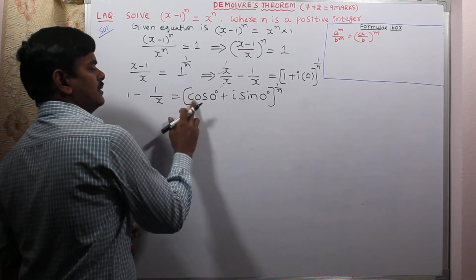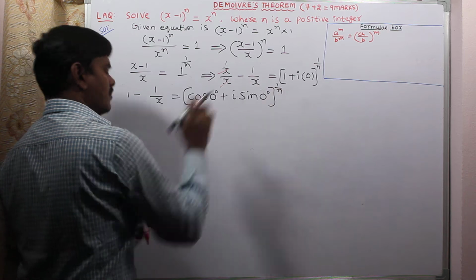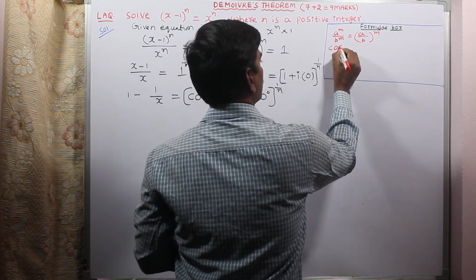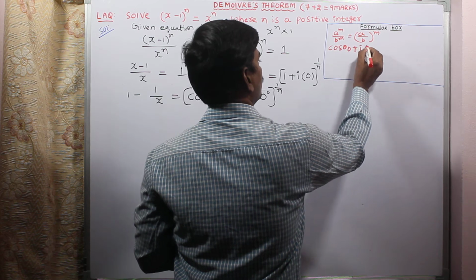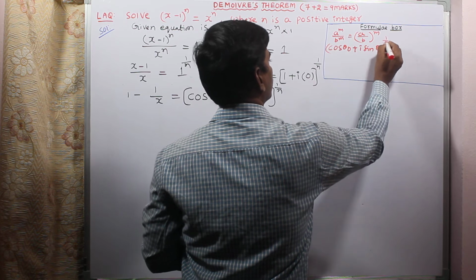At present it looks like (cos theta naught plus iota sin theta naught) whole power 1 by n. Let us recall the formula once.